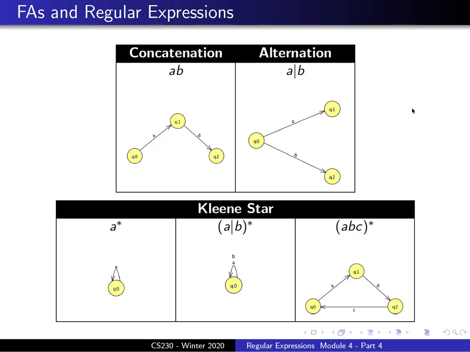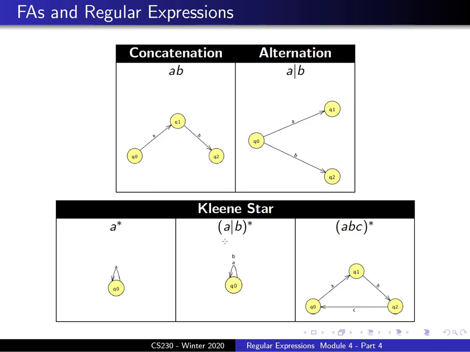With the Kleene star, if I see a single character repeated, then I'm just going to see a transition back to the same state on that character. If I see something like an alternation, I can again have a transition back to the same state on either one or as many choices as there may be inside the brackets of the alternation.